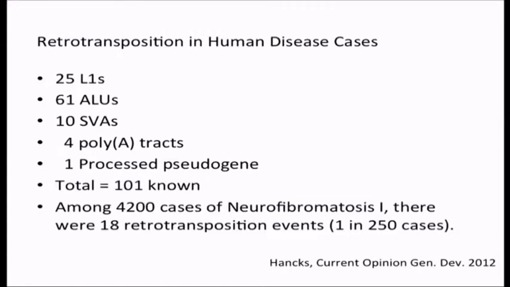There are a sizable number of SVAs causing disease. And for poly-A tracks, we don't know what the source of the poly-A is. We just know it's a retrotransposition event, but we don't know if it came from an L1 or an Alu because there's a lot of truncation in the retrotransposition process.